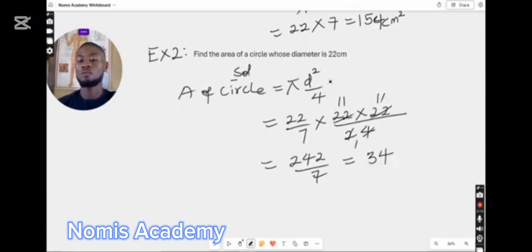So if you put a decimal point, it is 0. 7 in 40 will be 5, remainder 5. And then 7 in 50 will be 7, 49, remainder 1. So to 1 decimal place, let's say our answer is 34.6 centimeters.